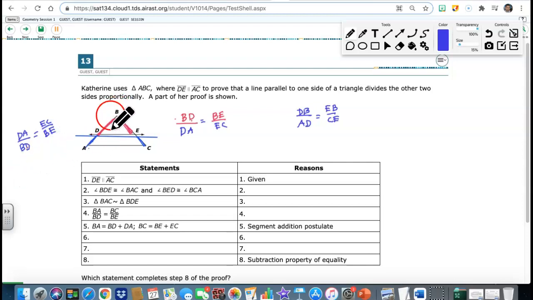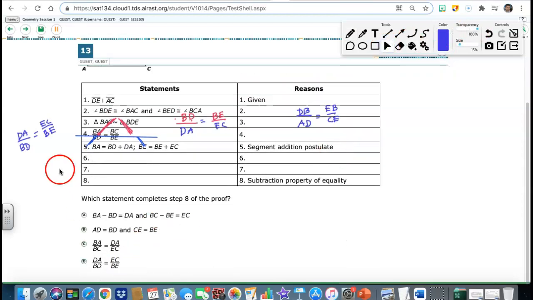I can say the big one over the little one, or little one over big one, which is DA over BD, and the other side as well. Alright, let's check. So DA over BD is EC to BE. You see that? So we have our answer. My answer is the last one. All right, 13. Excellent.